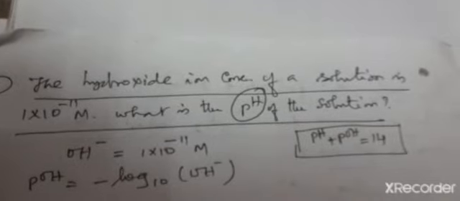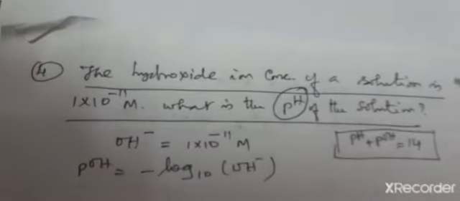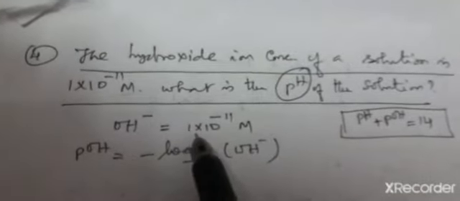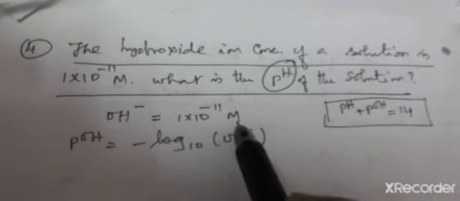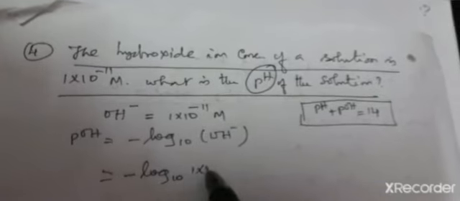Then the next one, the fourth sum. The hydroxyl ion concentration of a solution is 1 into 10 power minus 11. What is the pH? Similarly, here the hydroxyl concentration is given, that is 1 into 10 power minus 11 molar. So you have to use the negative logarithm of hydroxyl ion. So here minus log 10 of 1 into 10 power minus 11.